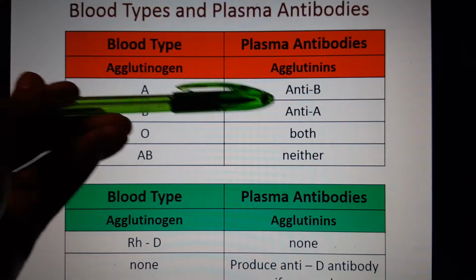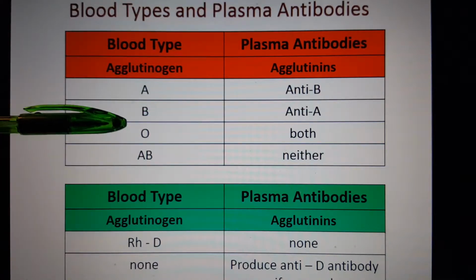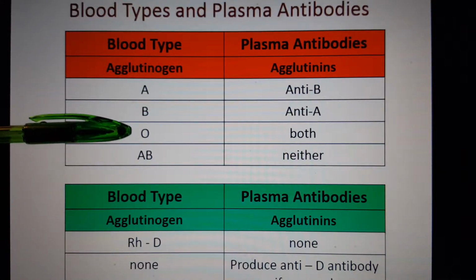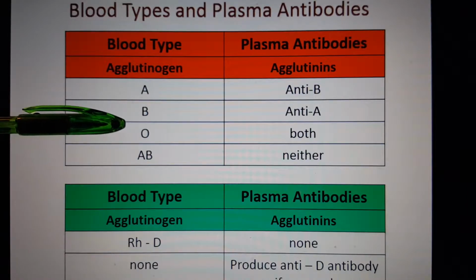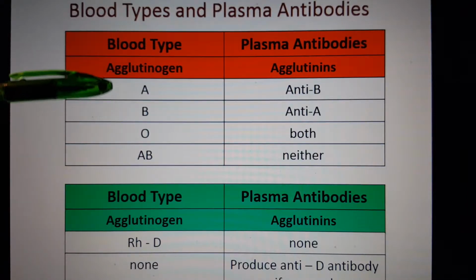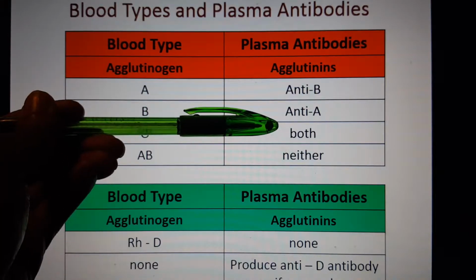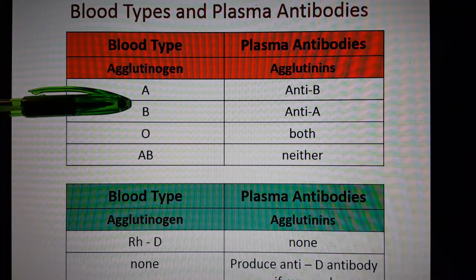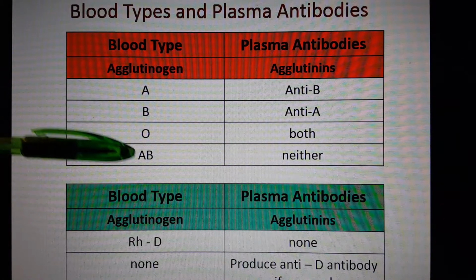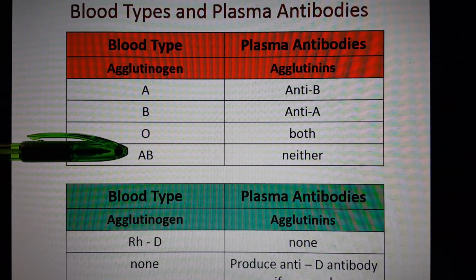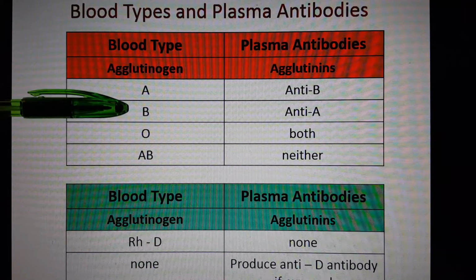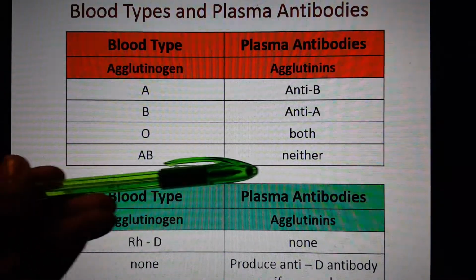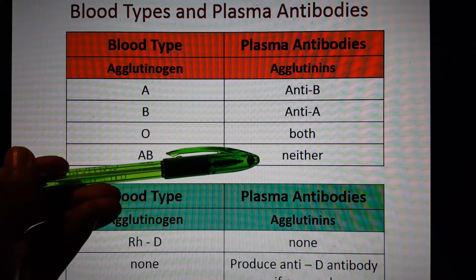So A makes the agglutinin against B. B makes the agglutinin against A. Since the O blood type does not have an agglutinogen for A or B, it makes agglutinins or antibodies against both the A and B agglutinogen. For the AB blood type, since they have both agglutinogens, they make no antibodies against a blood type.